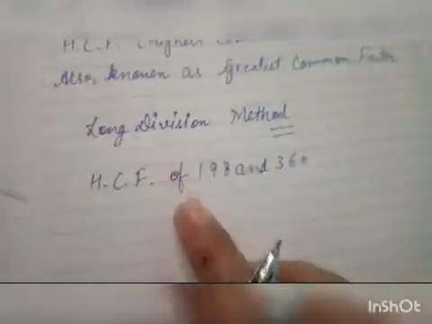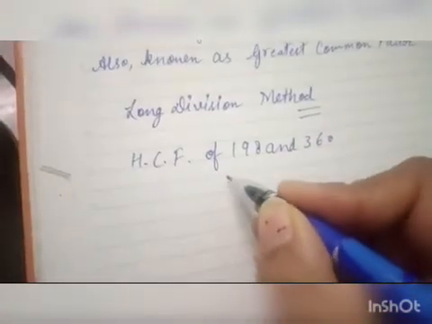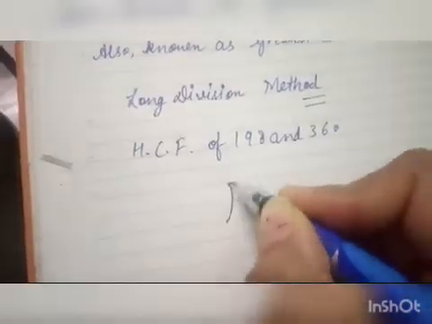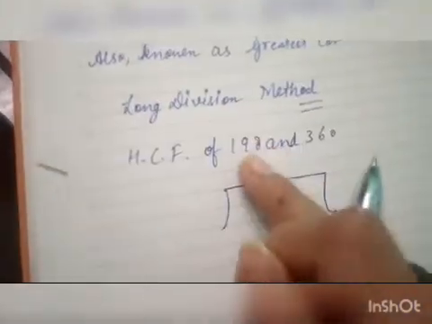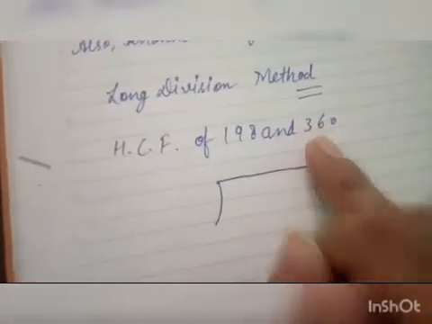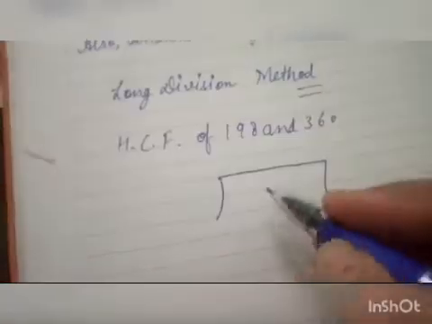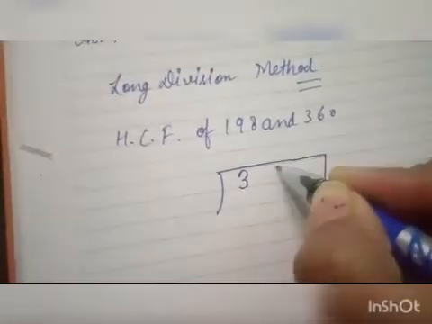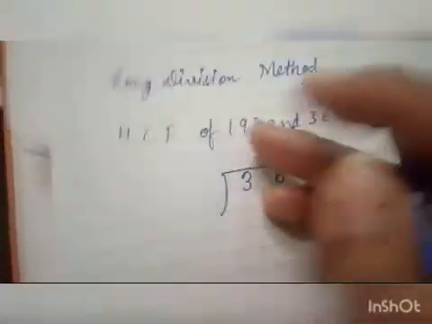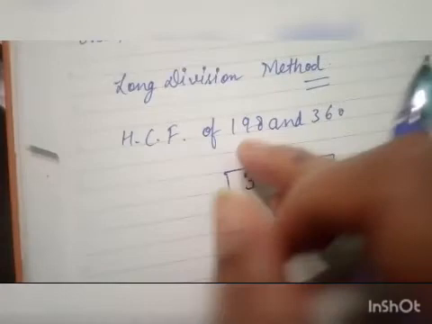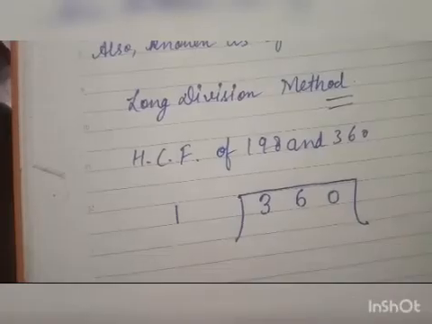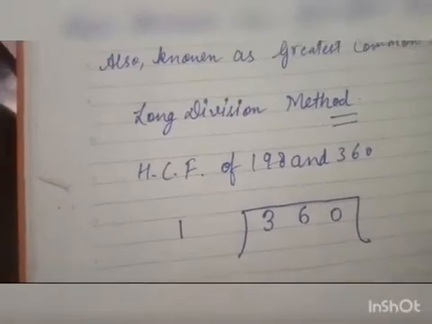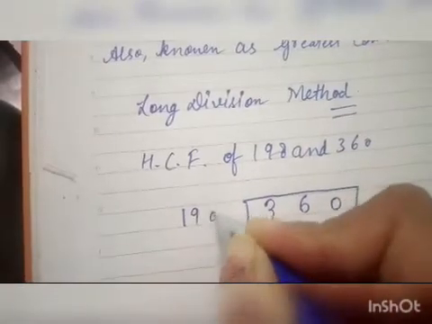In the long division method we have to make it clear that the number which is the greatest among the two, we have to keep under division. So here I will keep 360. Now we have to check in the table of 198 where 360 comes, or less than 360.